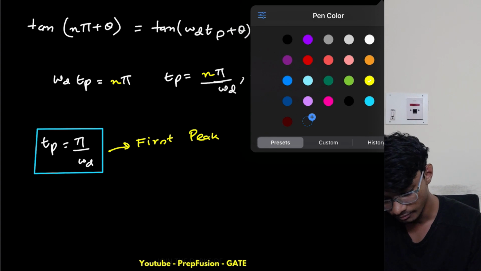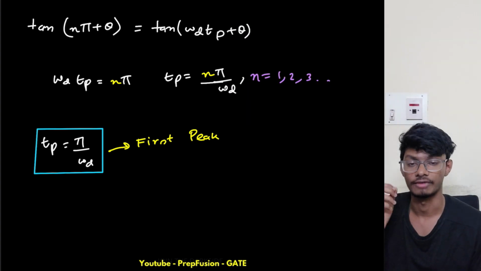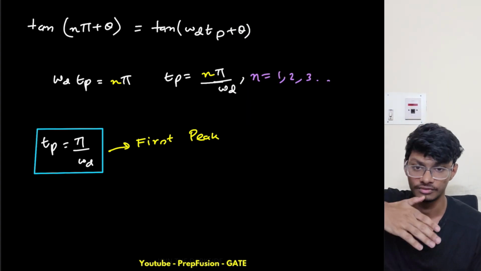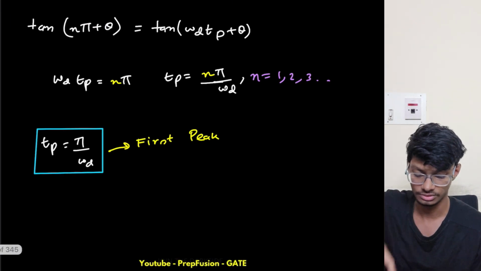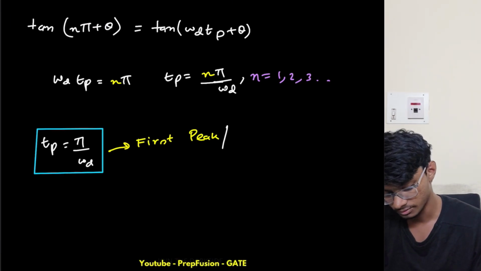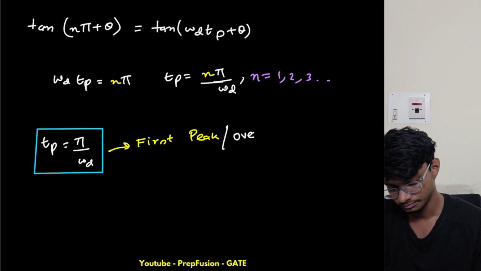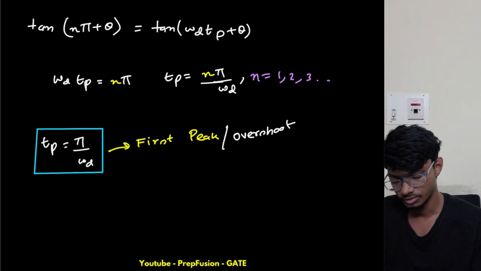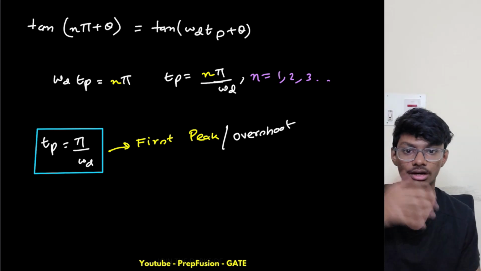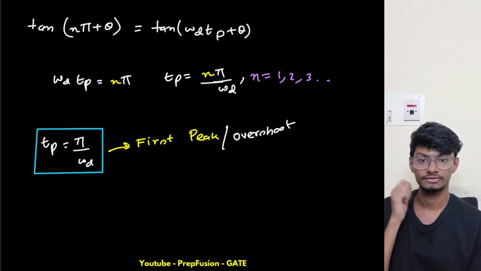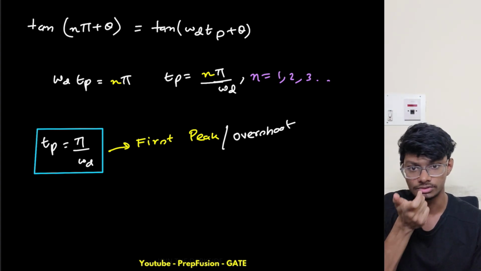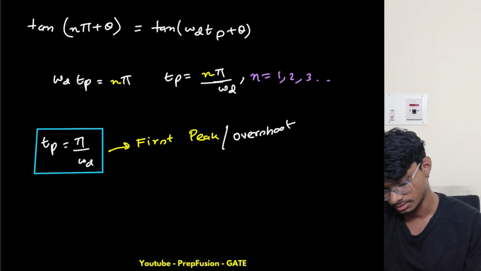And if they ask in the question that I have to find the third peak or the first undershoot, right? This was the first overshoot. Now if they tell you to find the first undershoot, obviously you have to put n equals 2.